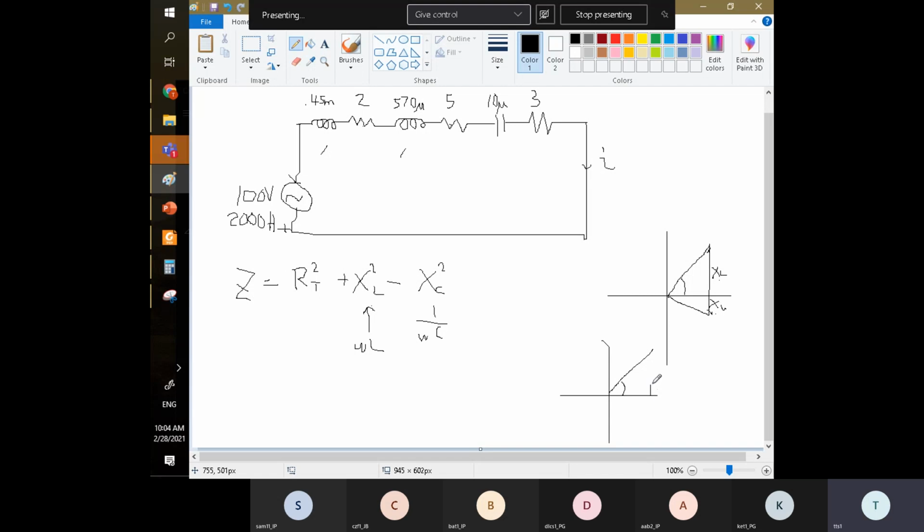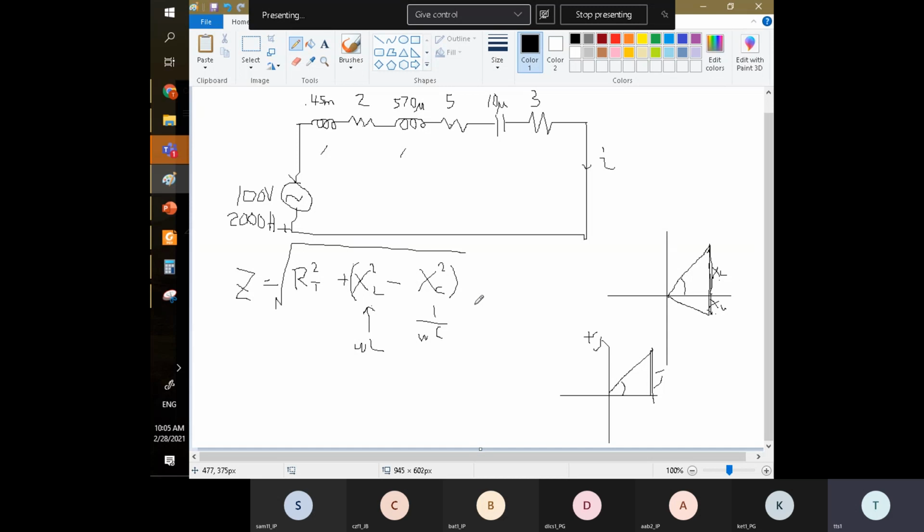So for the resultant, we got only one J. It's going to be the positive J, not the negative J, because this number is larger than this number. So the resultant is here, a positive J, so it's an X. Then take a square root to find the total impedance here.